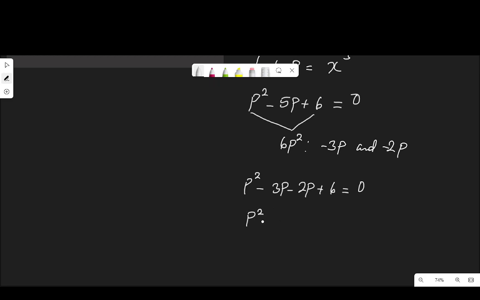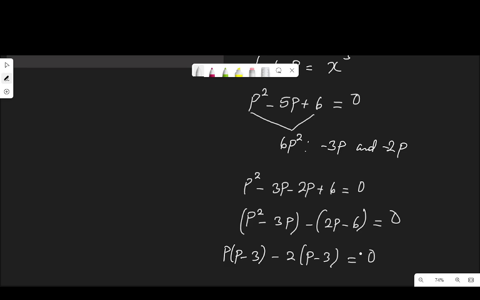I have p squared minus 3p, I'll group it together, then minus 2p minus 6, I'll group it together, equal to 0. This plus changes to minus here because I introduce a bracket. Now, what is common here? p is common. I have p minus 3. In the second bracket, 2 is common. p minus 3 equal to 0.